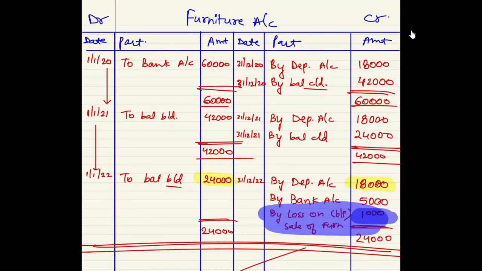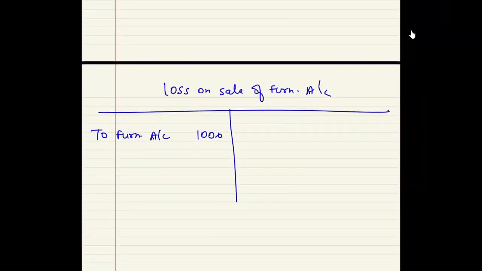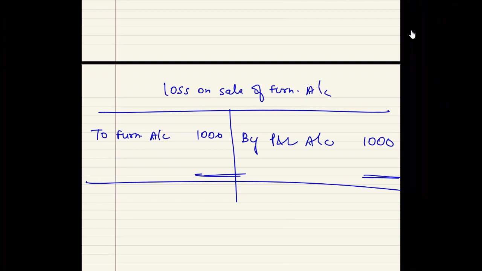So in the loss on sale of furniture, I will write it on the debit side to furniture account, and then it will be transferred to the P&L by P&L account rupees 1,000, and this account will also get. This is the full accounting treatment of the depreciation.